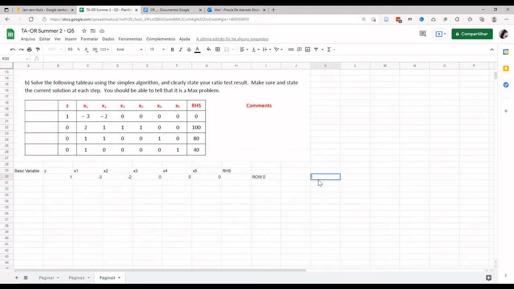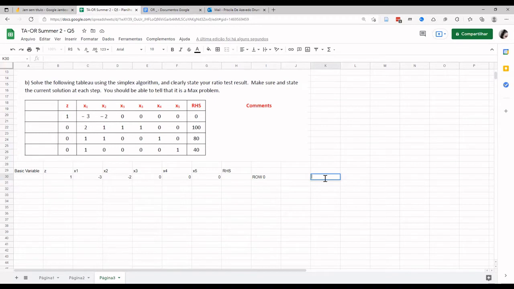I know it's a maximization problem because when we have the tableau, we assume that we have already transformed the minimization problem into a maximization problem. And also we can see here that all the slack values are in the standard form, that is one for the first tableau. So it's 1 in one of the rows and 0 in all the others.